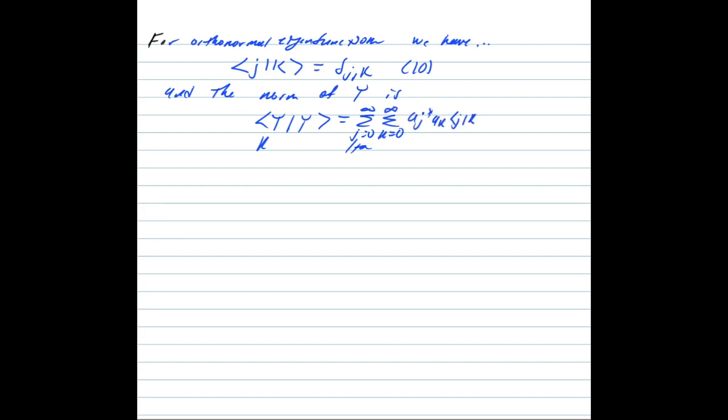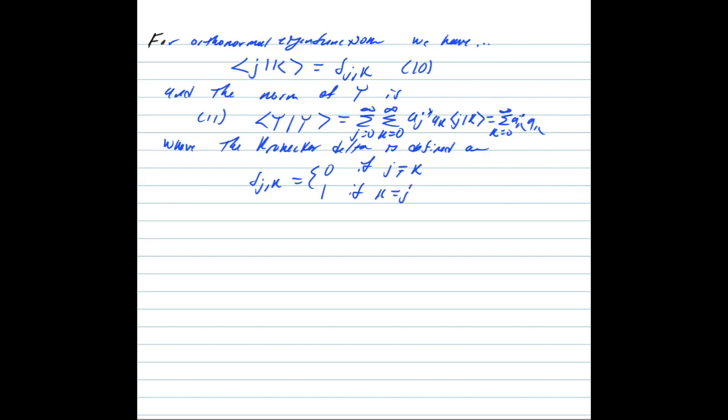bra psi ket psi, which is equal to, for all values j and k, the sum of the complex conjugate of a subscript j multiplied by a subscript k, which are the coefficients, and then bra j ket k, equal to the sum of a subscript k multiplied by the complex conjugate of a subscript k for all values k.